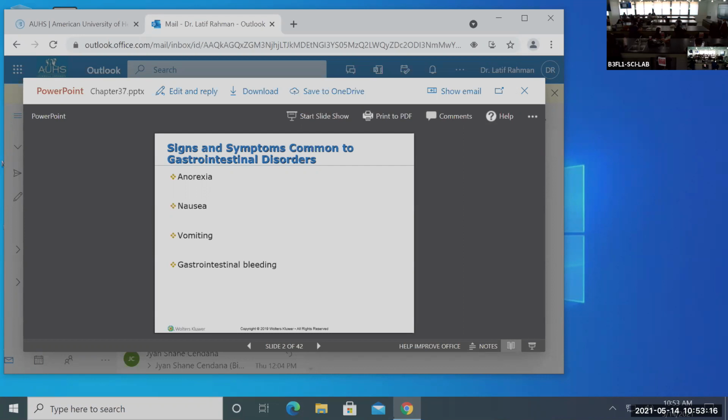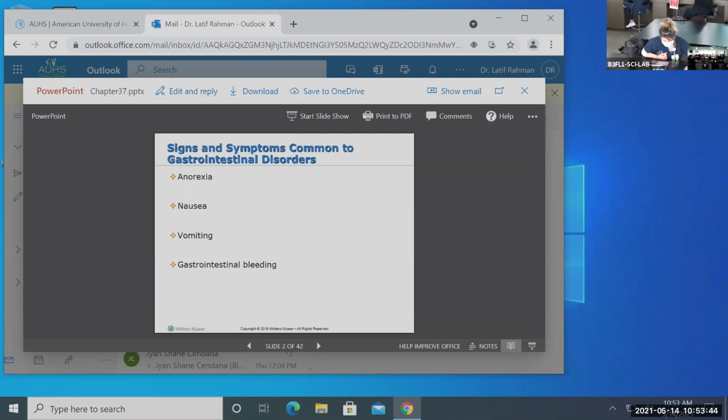You folks have a diagram in the textbook also, on page 1078. Is it clear? Page 1078, there's a diagram. That is a congenital fistula, a fistula by birth.